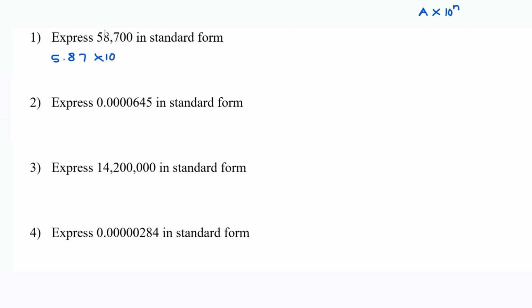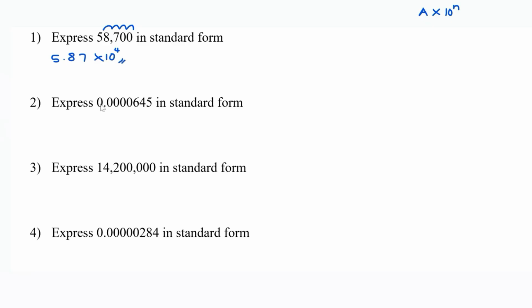So if we imagine a decimal point here for 5.87, we're going to need to move this decimal point 1, 2, 3, 4 places to the right to give us this number. So this number has now been expressed in standard form.